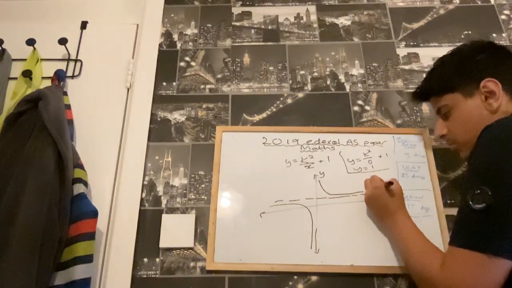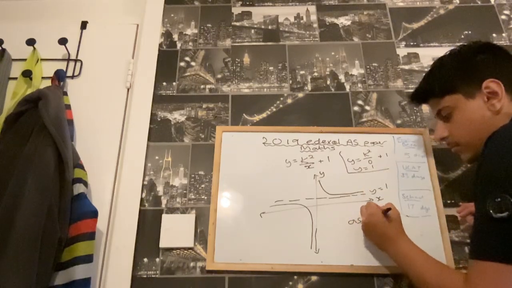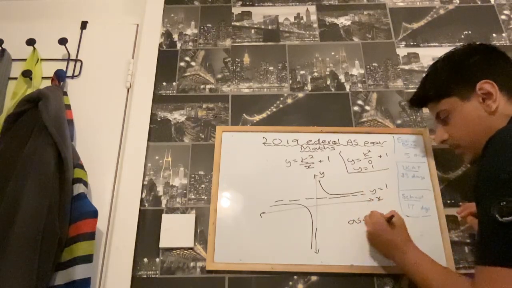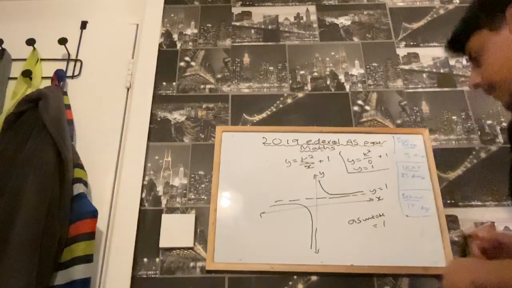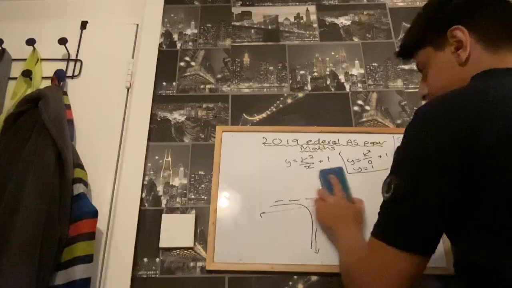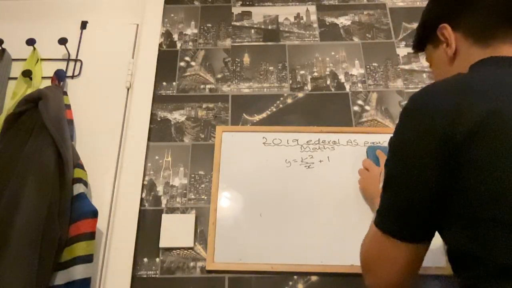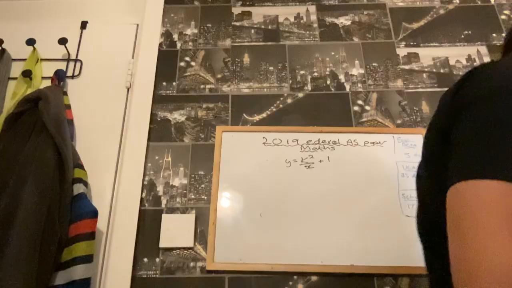This would be y equals 1. So the asymptote, I never know how to spell this one, would be 1. Okay, pretty simple things here. This is part A. Now we're moving to part B, if I am not mistaken.